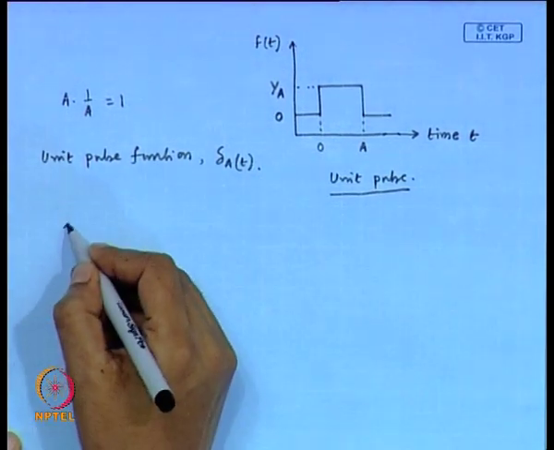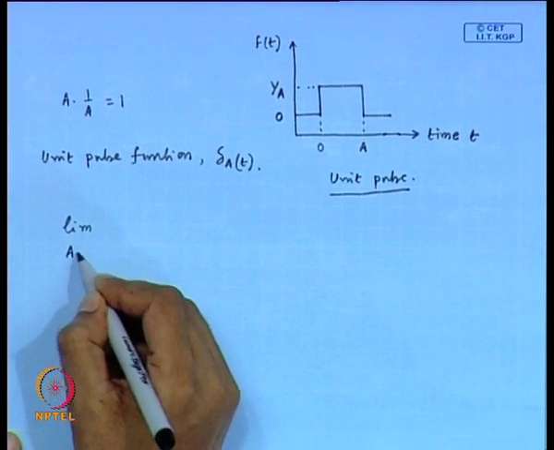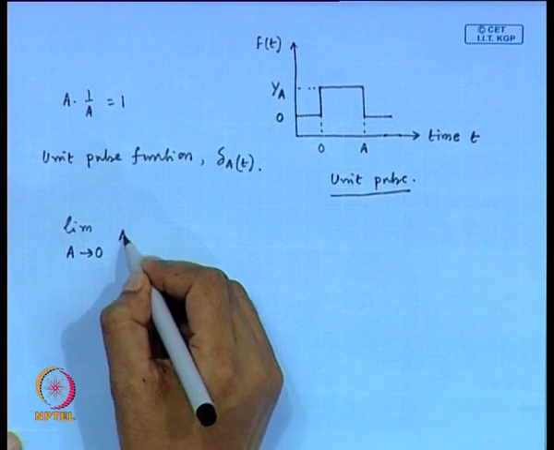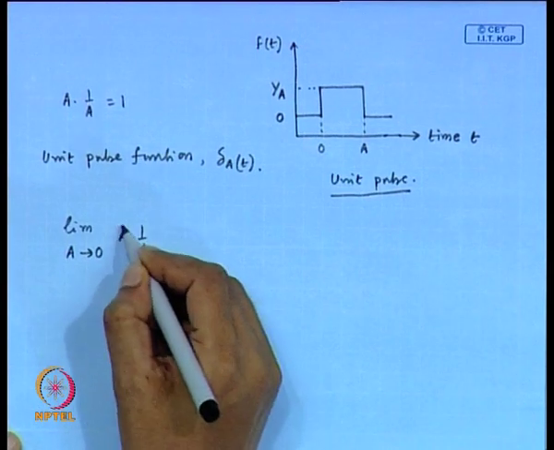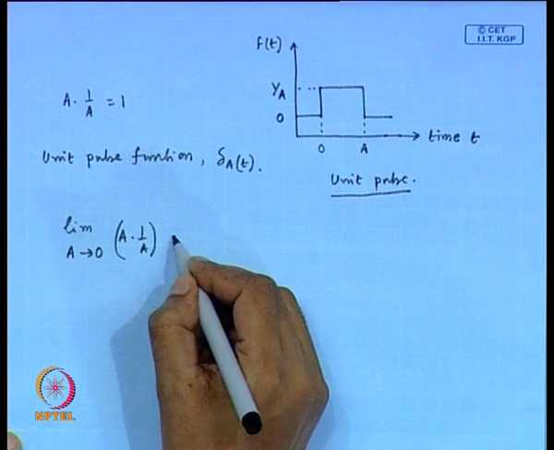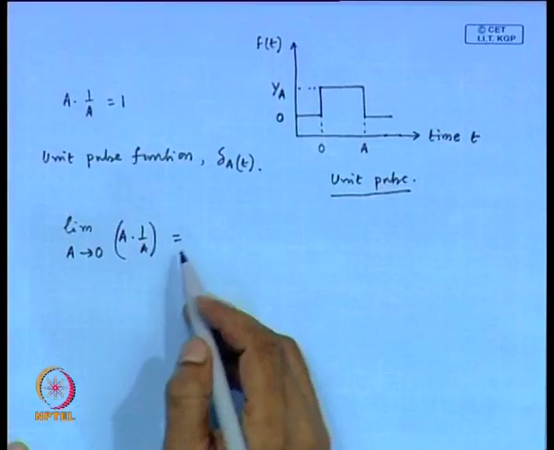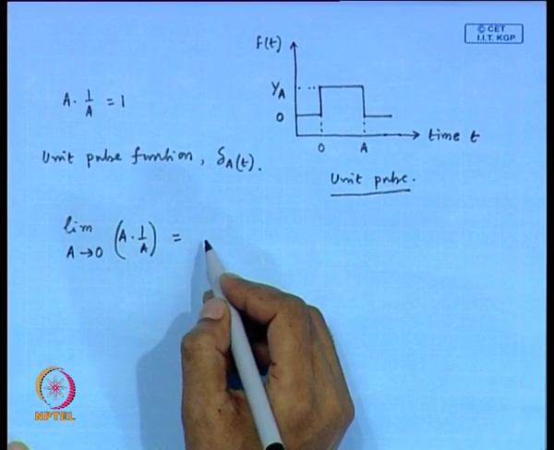Now, we wish to consider the limit a tends to 0 of a multiplied by 1 by a. How much is this? We are approaching the time 0. So, how much will it be then? 1.